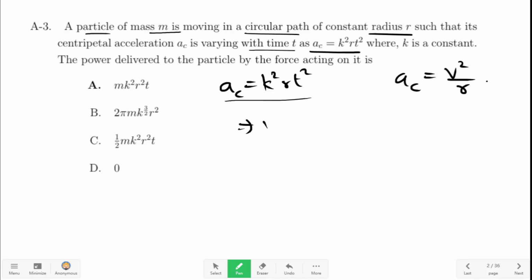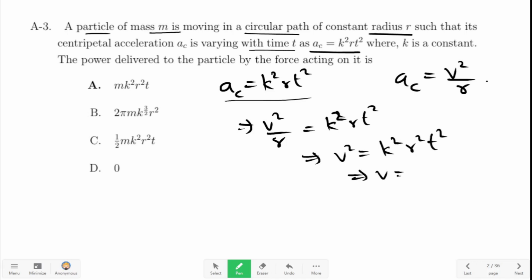Therefore we have v square by r is equal to k square r t square, which means v square is equal to k square r square t square, which implies v is equal to krt. This is the tangential velocity.